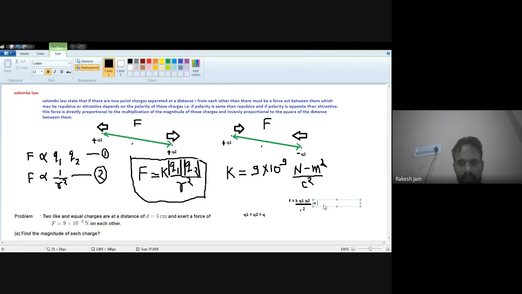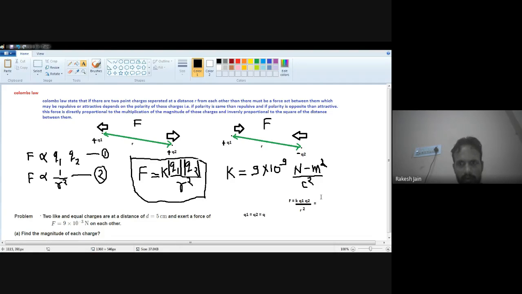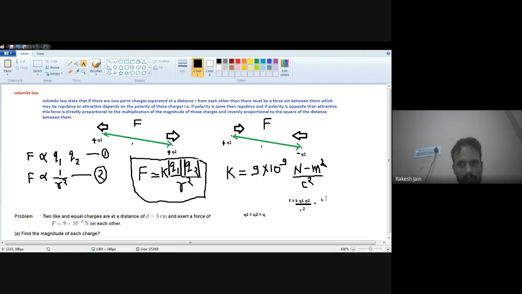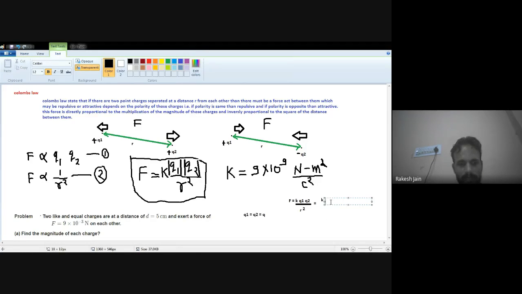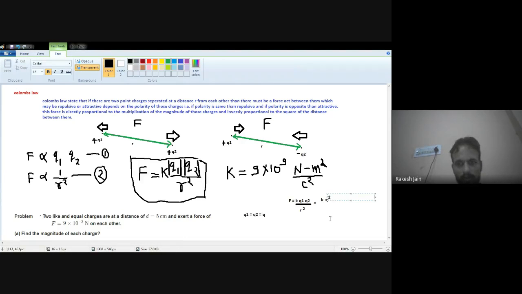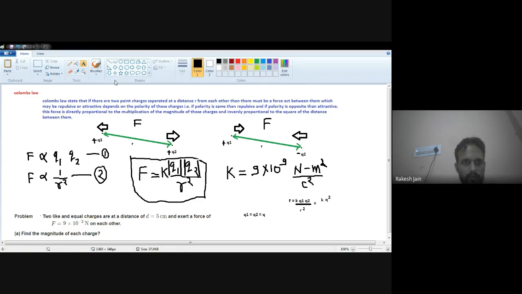It means F is equal to K, because Q1 is also Q and Q2 is also Q. When they are multiplied, it becomes Q square. So F is equal to K Q square divided by R square will be the new formula for this question.